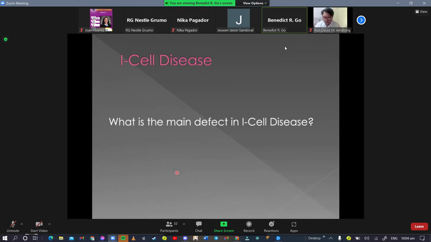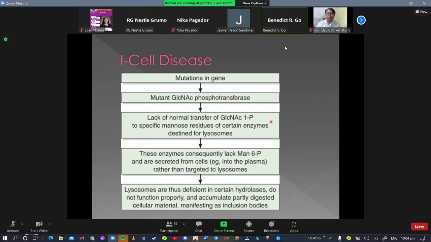Thank you, Jason. Now, this is the main defect. You're supposed to mention, of course, gene mutation, because when you have faulty enzymes, it's either a gene mutation or a very faulty protein translation. If you have a gene mutation, you will have a resulting mutant GlcNAc phosphotransferase. There is a lack of normal transfer of your GlcNAc-1-P to specific mannose residues of that enzyme supposed to be destined for the lysosome.